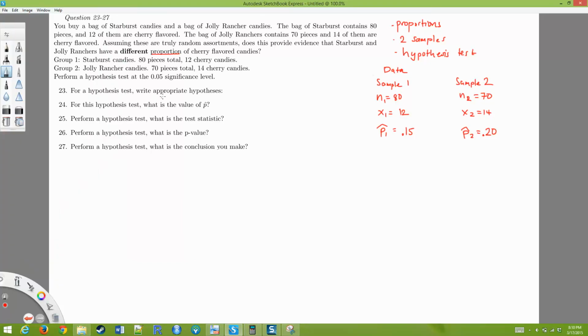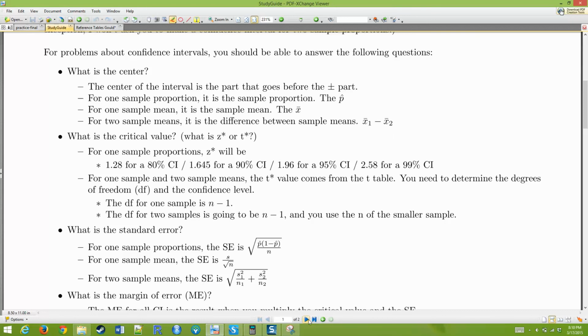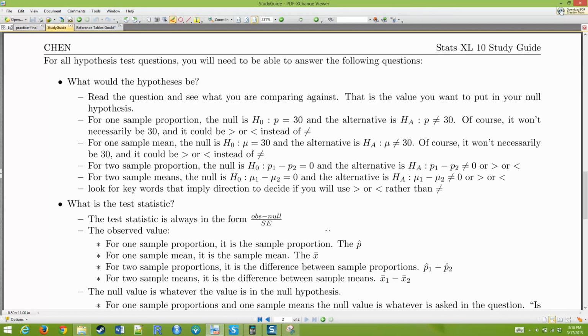All right, so 23 says write the appropriate hypotheses. So what are the hypotheses? We've got a null hypothesis and an alternative hypothesis. Again, if you're not sure, you can always go to the study guide. I'm just trying to get you to see that I'm trying to help you.